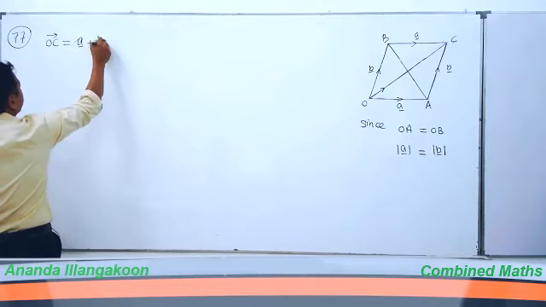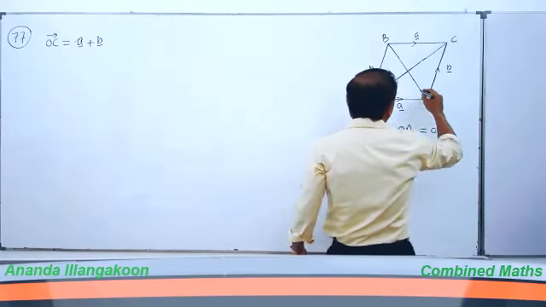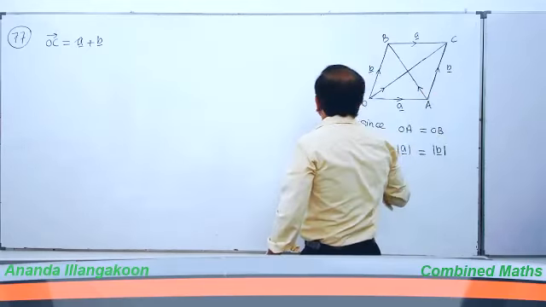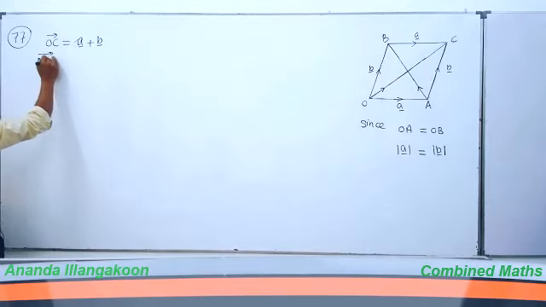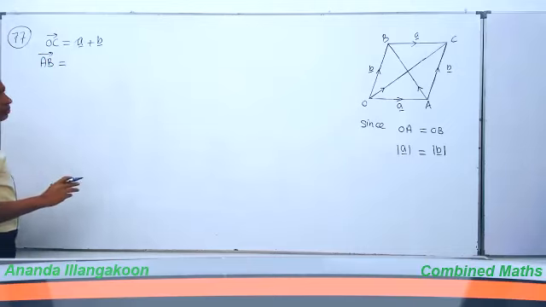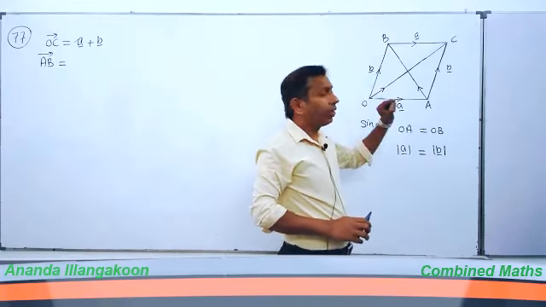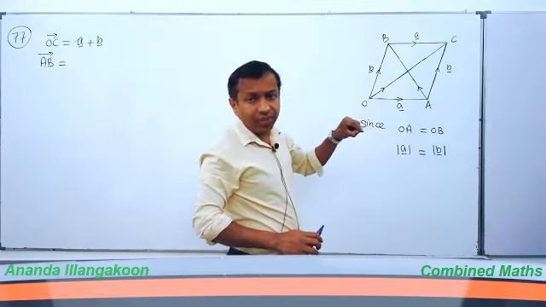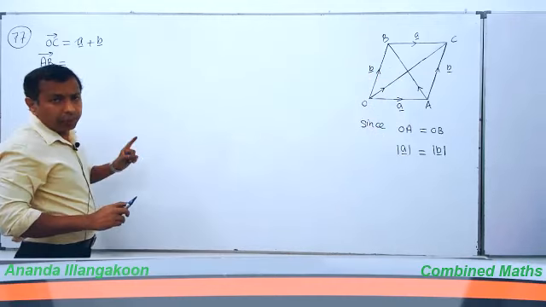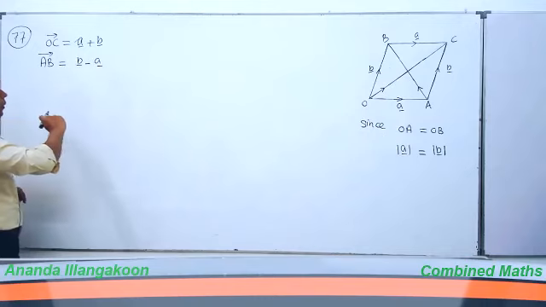Secondly, I am going to find, people, the AB vector. AB vector is AO plus OB. AO is minus A, OB is B. Minus A vector plus B vector means B minus A vector.